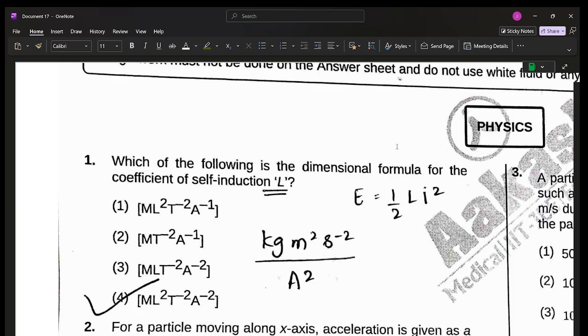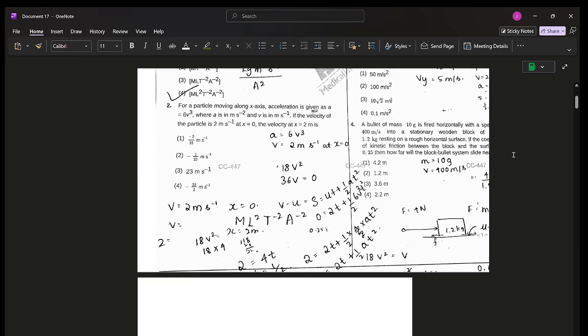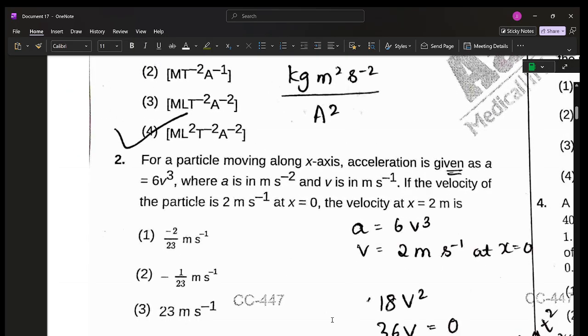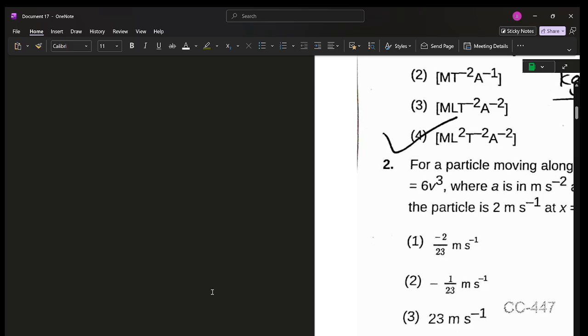Now the rest three questions on this page, I did not get. So let's go from scratch. This question says for a particle moving along the x-axis, acceleration is given as 6v cube. Let's try to do it once more, because who knows, probably I can do it now.